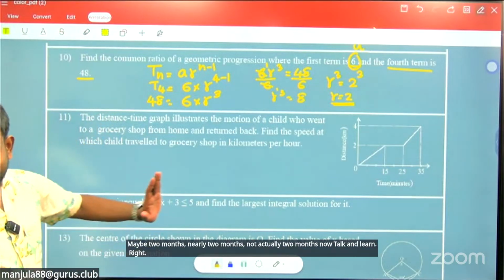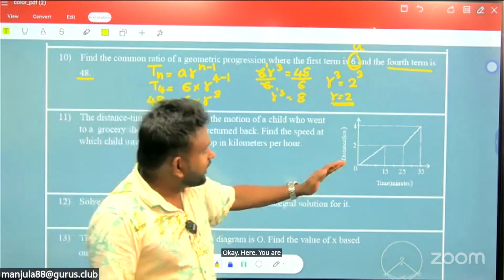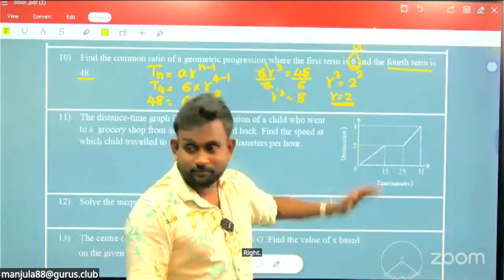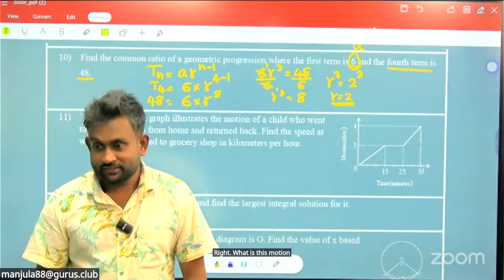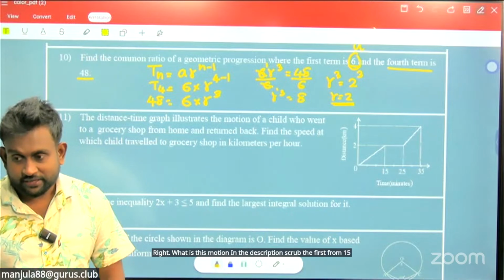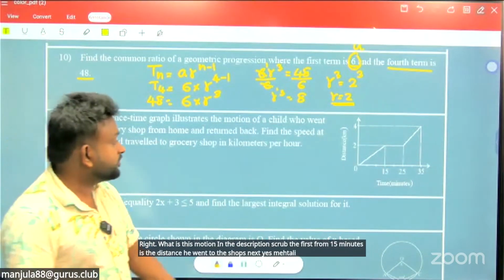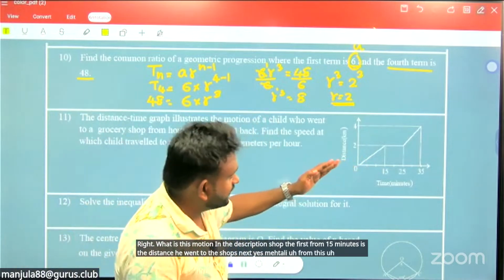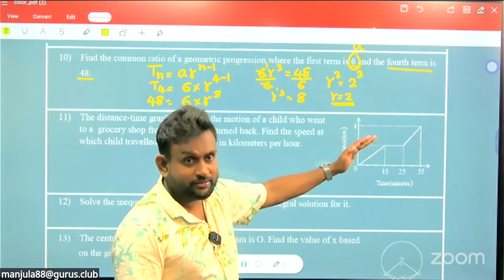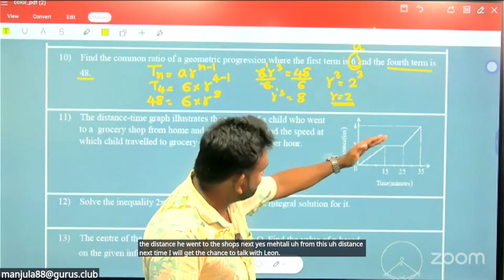Here you are running. What is this motion? In the distance graph, the first 15 minutes, he went to the shops. Next, yes, Mithili, I will give you the chance to talk next time. This distance, what is that?